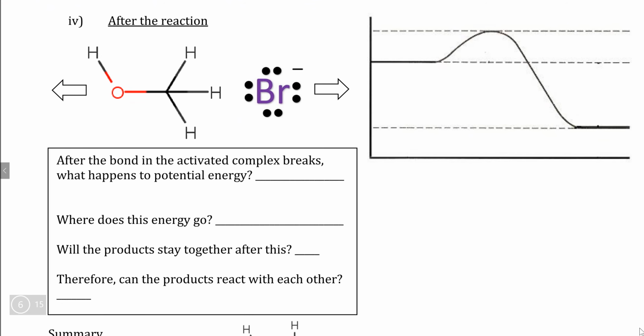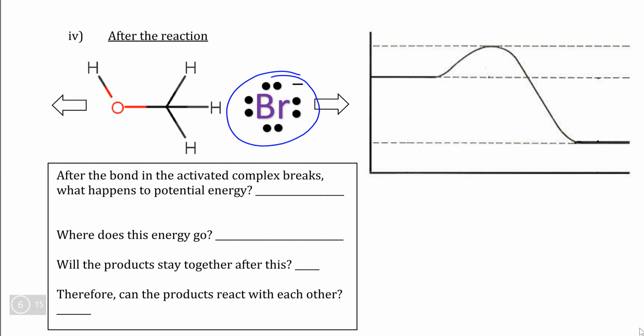So when the OH- collides with CH3Br, one of the two bonds breaks, and if we assume that our reaction is successful, that would mean that the Br has broken off, and its bond turned into a lone pair. Now, if the activated complex has broken a bond, and bonds are the principal location where potential energy is stored, that means that the potential energy of this compound is going to decrease.